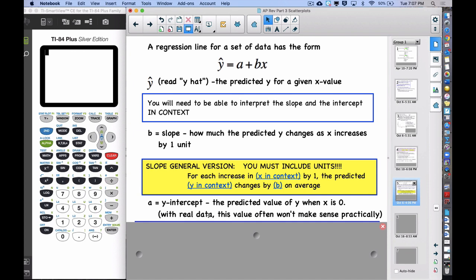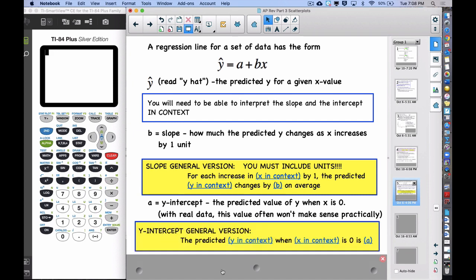You might end up with a negative value for something that can't be negative, and that can happen just because where our data actually is living is nowhere near where the y-intercept would be, and a value of 0 just doesn't make much practical sense. But there are some cases where it makes complete sense to talk about the y-intercept. The y-intercept is the predicted y value when x is 0.